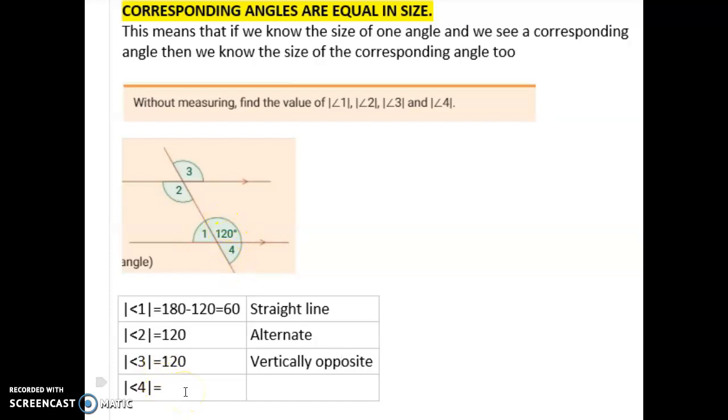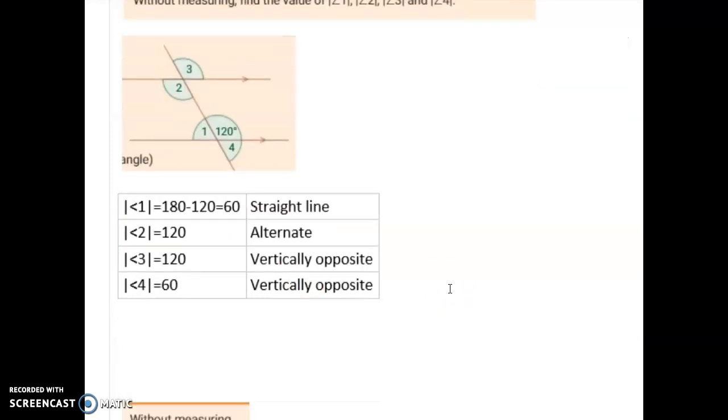So that means angle 4 is 60 degrees, because it's vertically opposite. I could also have said, for angle 3, that it's a corresponding angle, so 3 is 120 because it's a corresponding angle as well. But that's that question done. Now let's look at the next one.